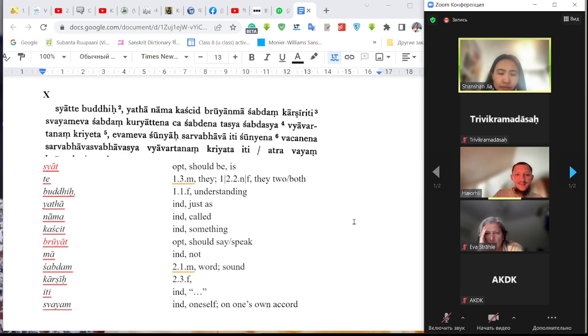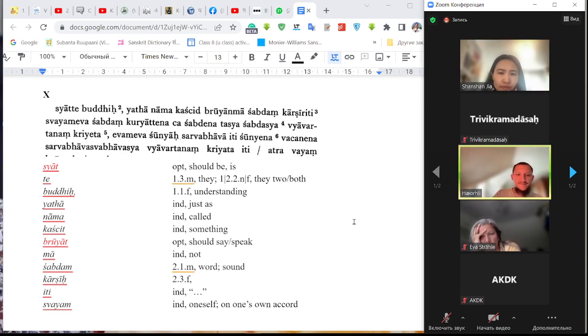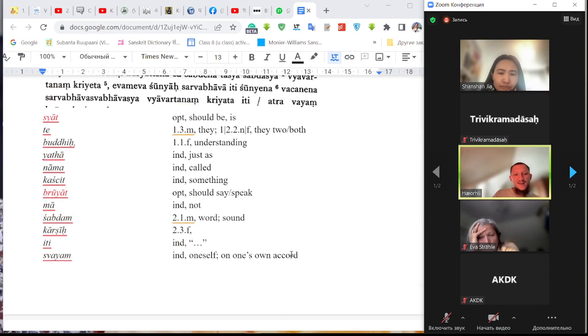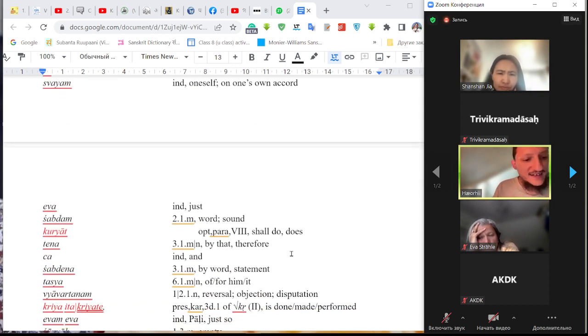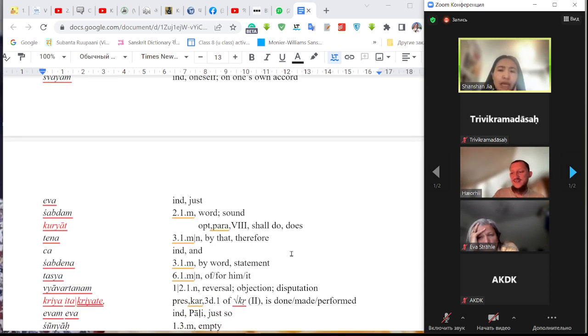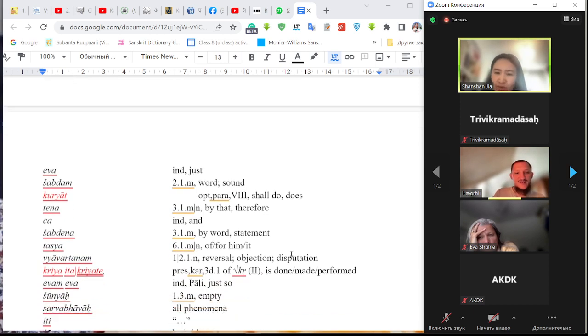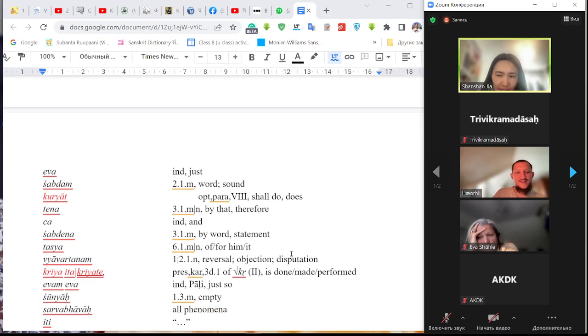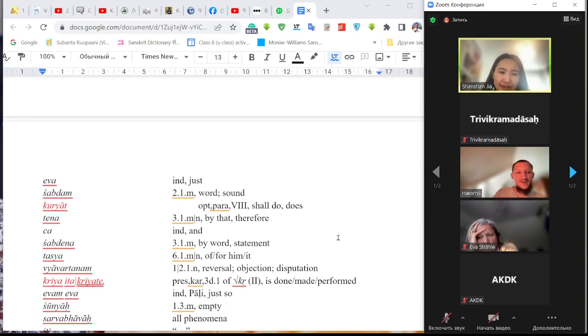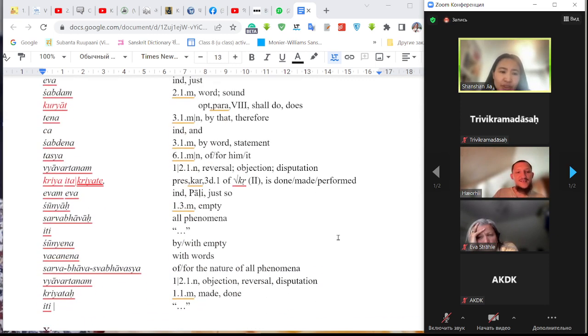Then we have... I have a problem translating karshishi. So this one you don't have, but first you have to understand what the structure is. You don't have to understand each and every word, but what is the structure?